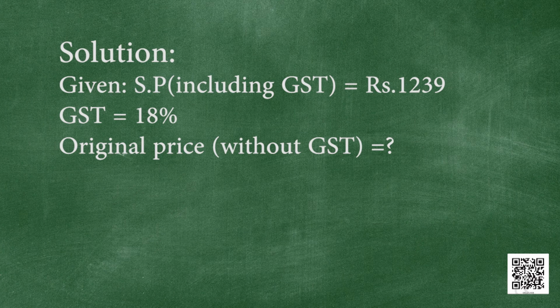Given the selling price including GST is equal to rupees 1,239. It's mentioned that GST is equal to 18%. So, we need to find the original price without GST.